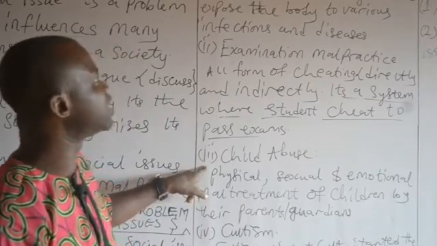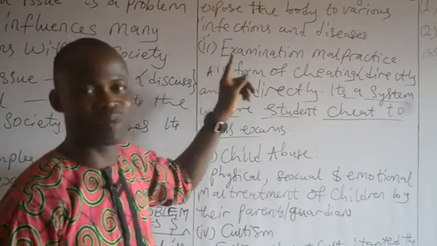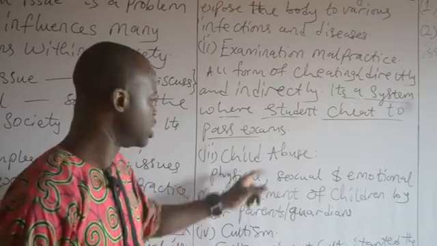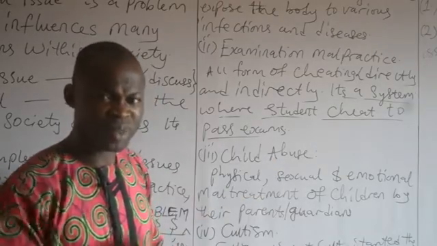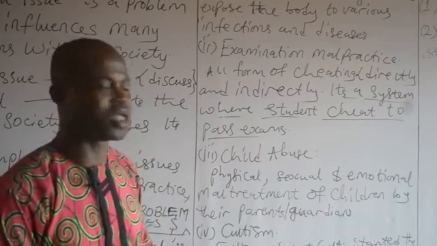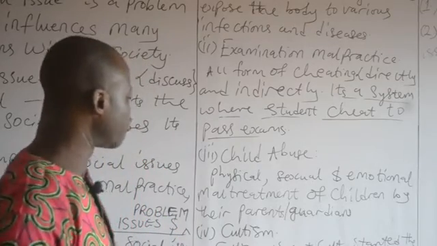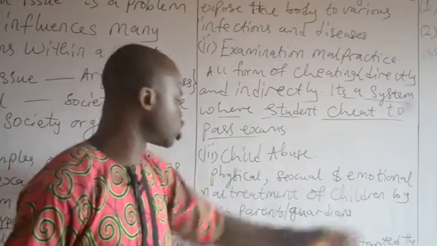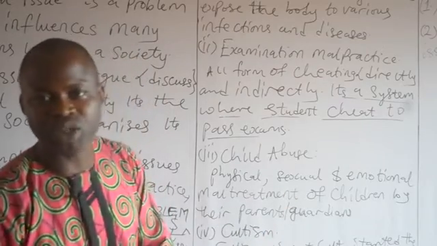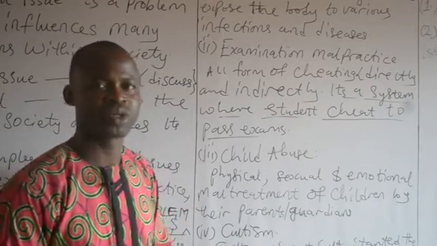Remember, the first one I stated was HIV and AIDS, the second is examination malpractice, and the third is child abuse. A child can be abused physically, sexually and emotionally. When there is emotional maltreatment of children, either by parents or guardians, it is regarded as child abuse.